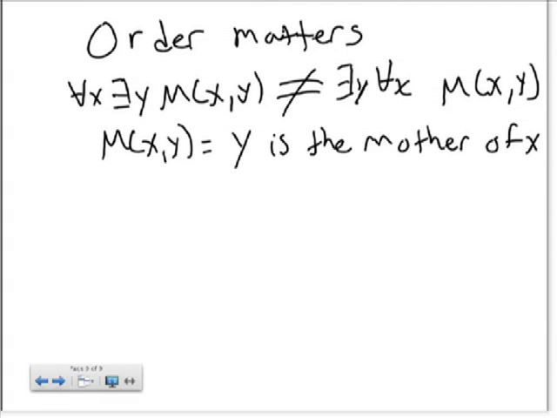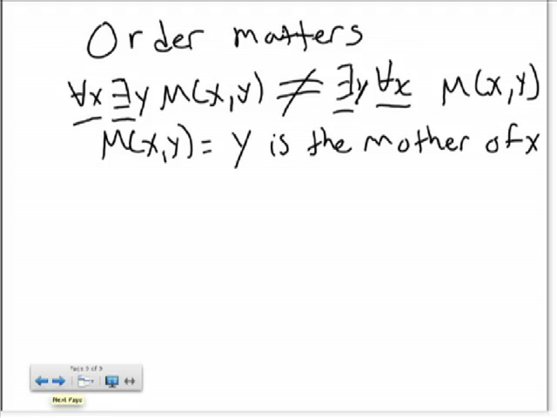Alright, so in this one we're going to show you that the order of the quantifiers matters when they are different. As you can see, we have the universal on the left-hand side first and second on the right-hand side, and then the existential is second on the left-hand side and first on the right-hand side.